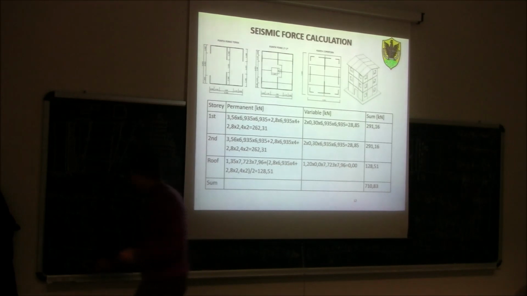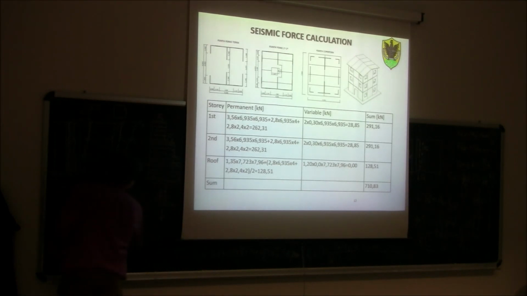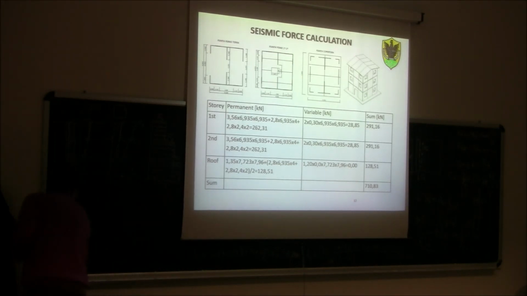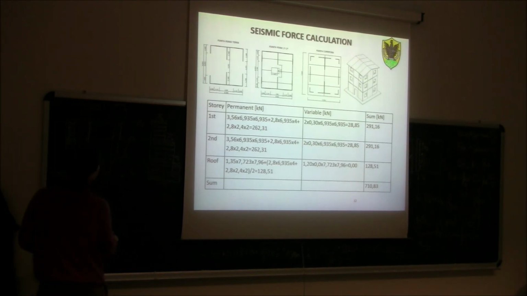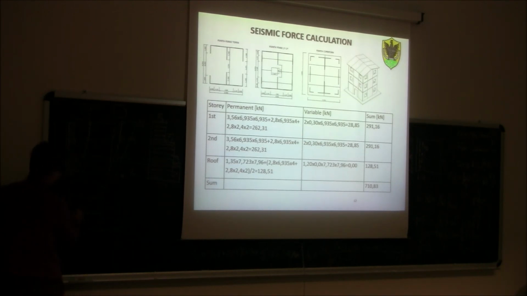On a building like this, when I calculate an intermediate floor, I consider half of the weight that is above the floor and half of the weight that is below the floor.